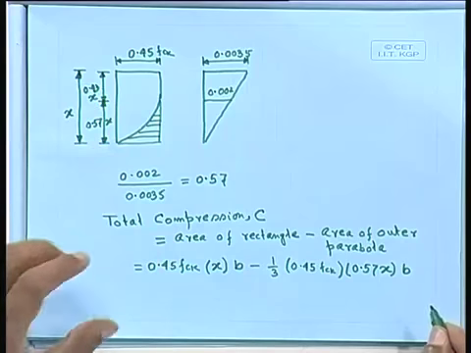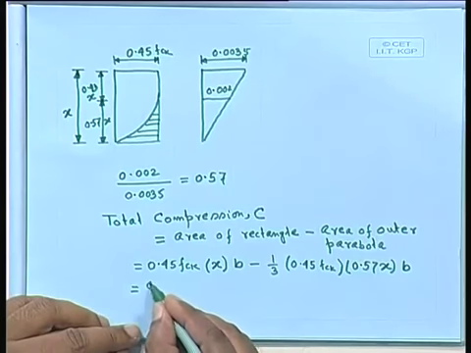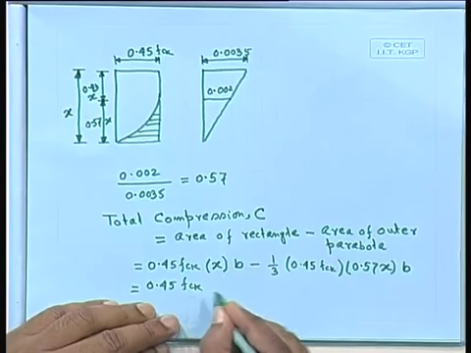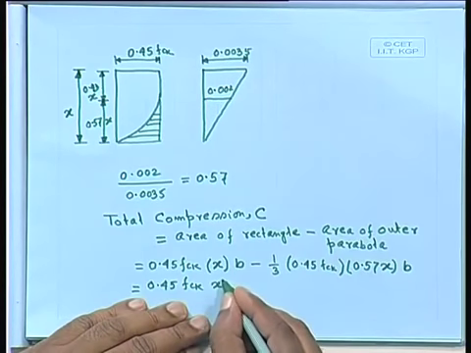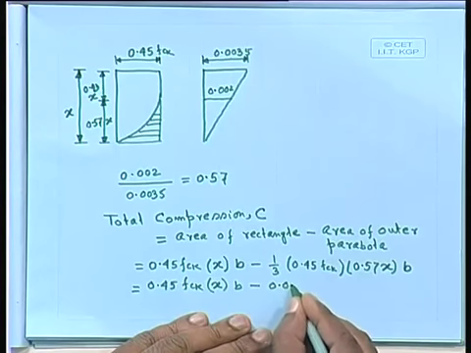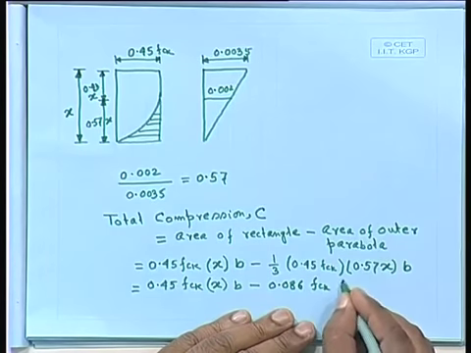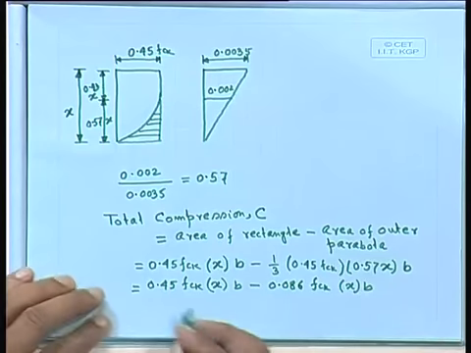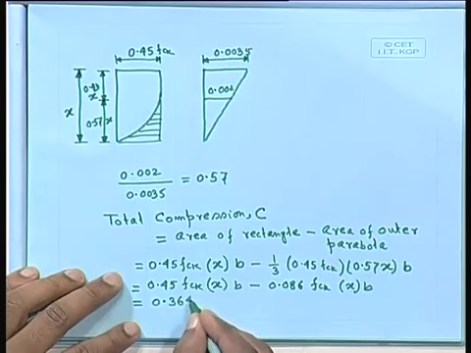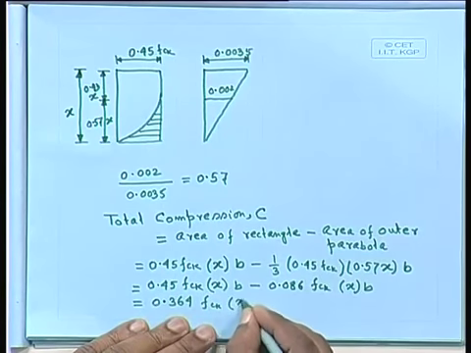The b is the cross sectional width, which equals 0.45 fck x times b minus 0.086 fck x b, equals 0.364 fck x b.